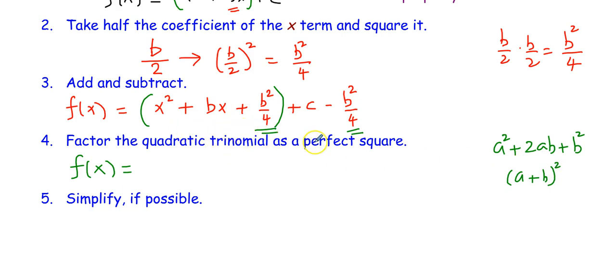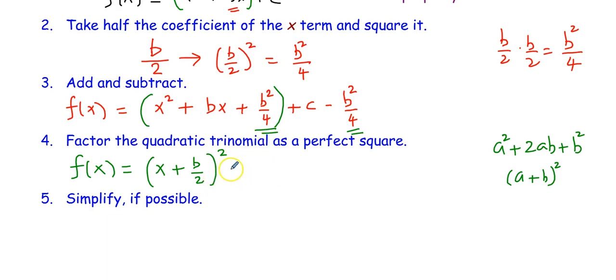This expression satisfies that condition. So I got x plus b over 2 whole squared, since the square root of b squared over 4 is b over 2. The first 3 terms give you that.